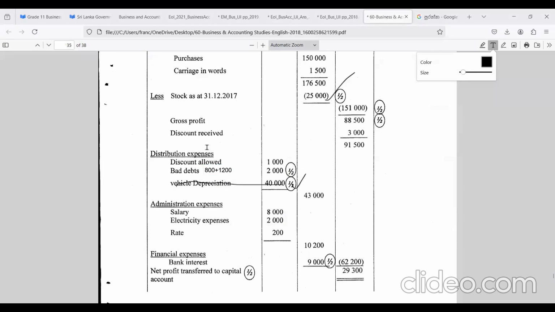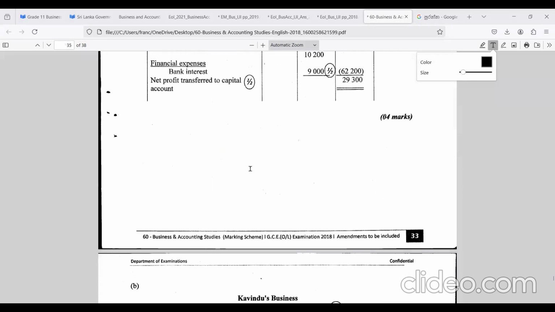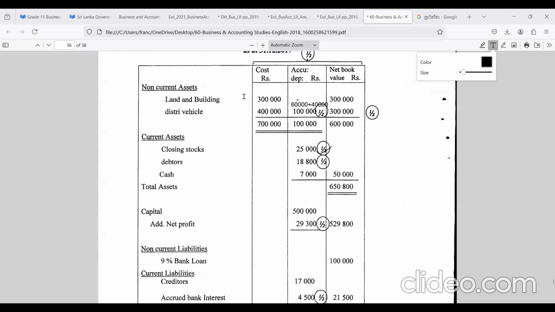Then what should I do in the SOFP? Any guess? What should I do for this value? Deduct it from trade payable or receivable or trade debtor. Debtors, very good. Deduct it from trade debtors.